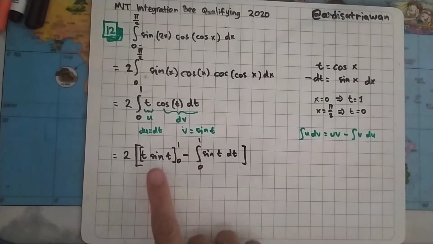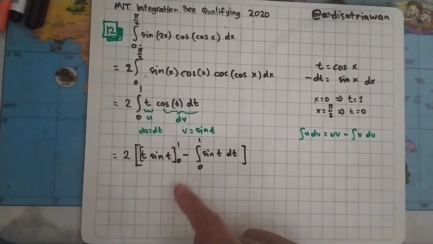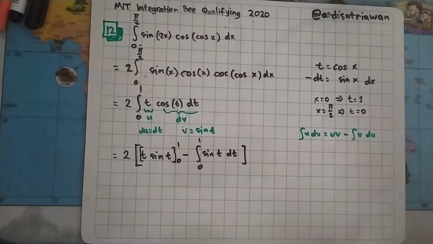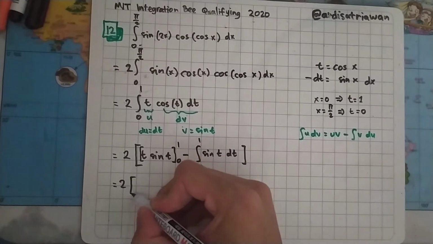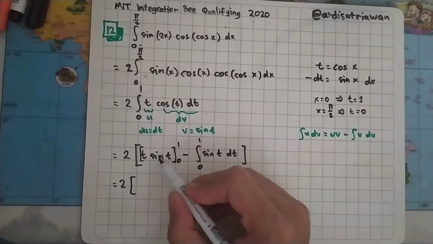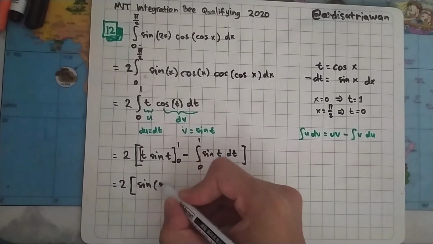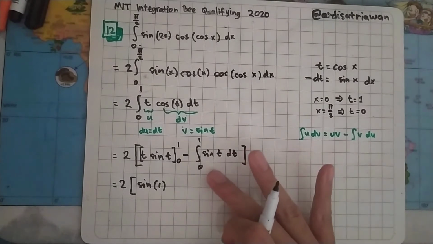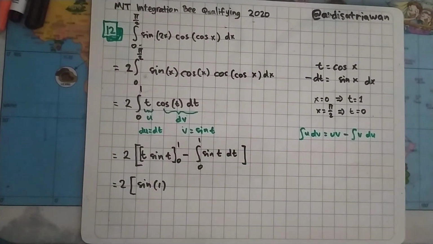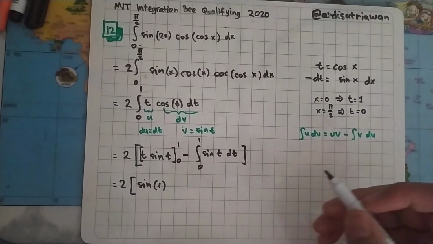Okay, now let me evaluate this. For 0, sine 0 will be 0, so we only need to take care of the 1. So we will have 2 multiplied by the quantity of 1 times sine 1, so we will have sine of 1 in radians, and the integral of sine t dt will be minus cosine of t.